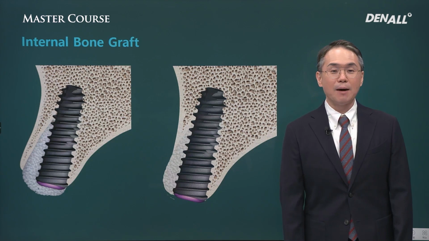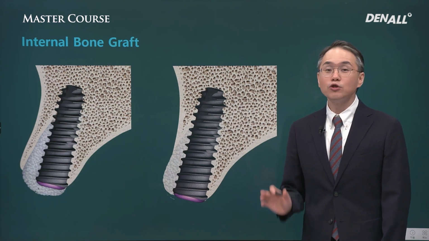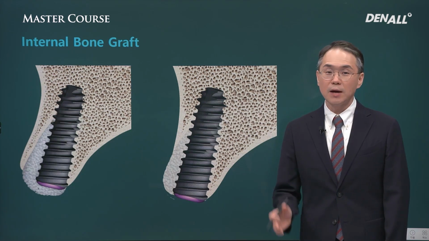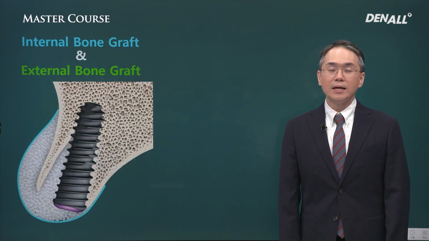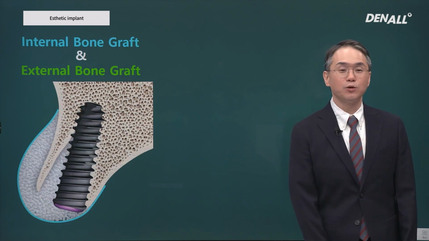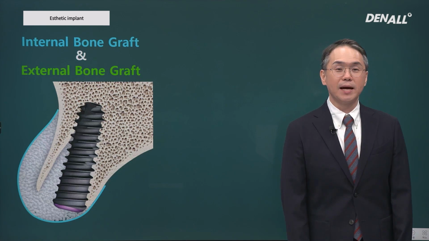Even then, the thin labial bone will be partially resorbed, but if the thickness of graft material can compensate for it, around the graft material, new bone can be formed. Theoretically, we need to graft internally and externally, but this is only possible theoretically.